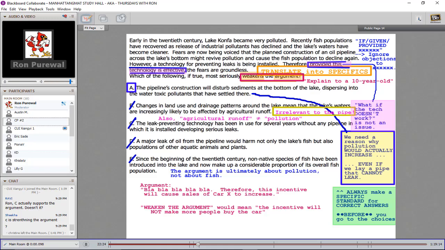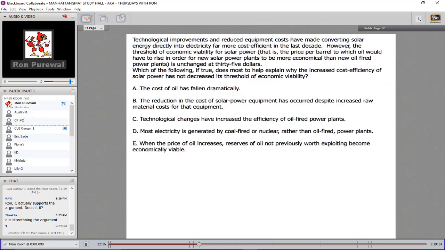Let's try this one. This one tends to be challenging for people because it has a lot of big words in it. You have to understand what this whole threshold of economic viability means.